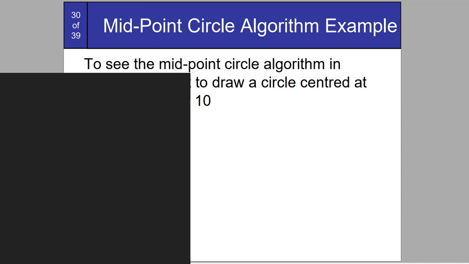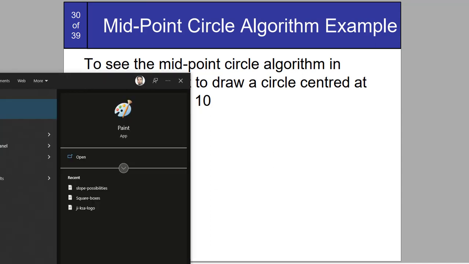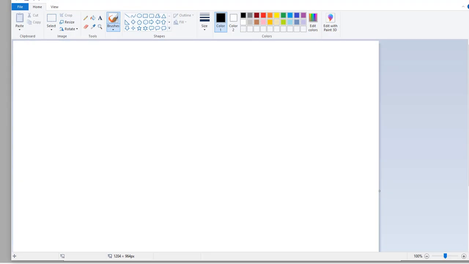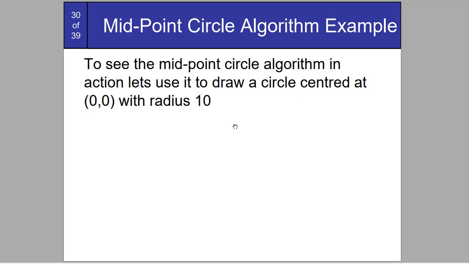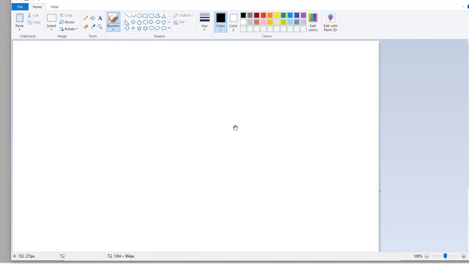Let me draw it, just wait. Give me 1 minute, I will write here. So my R is equal to 0. Okay, so I start with my R is equal to 10, not 0.